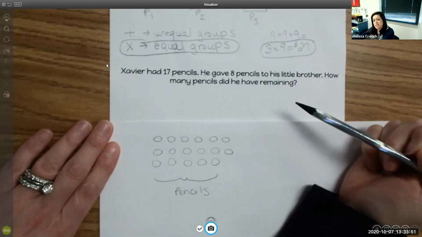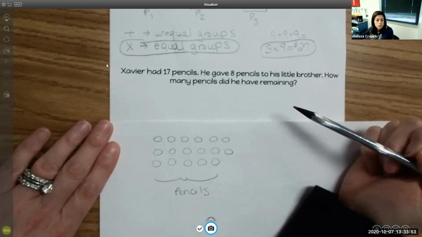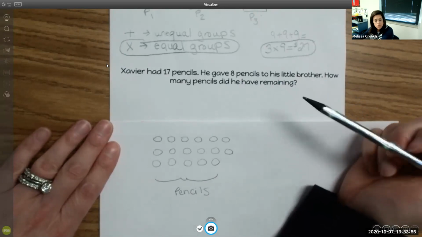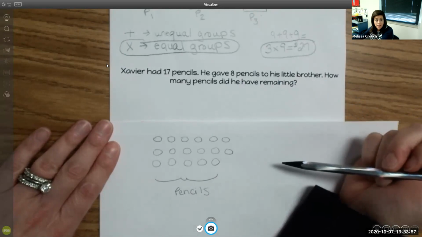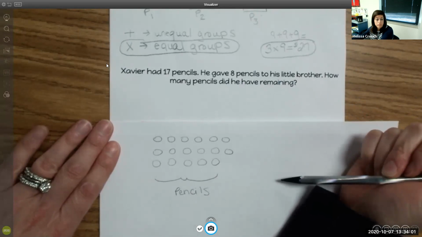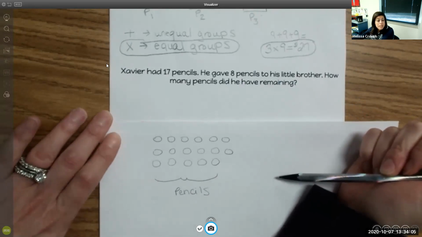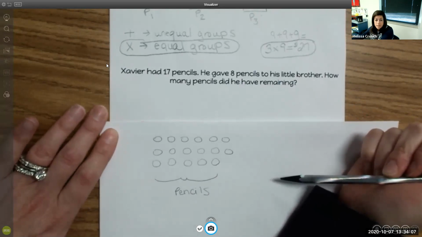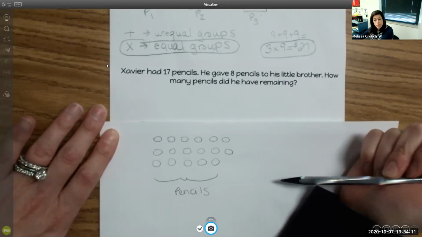If I'm giving something away, what happens to the amount of pencils that I have? Does it get bigger or does it get smaller? It gets smaller. And when things get smaller, am I going to be adding and multiplying, or am I going to be subtracting?